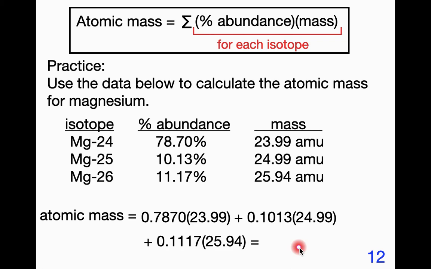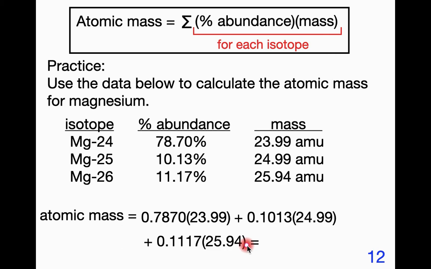Have your calculator out. Follow my lead. Type in 0.7870 times 23.99, just that, don't do anything else, plus 0.1013 times 24.99 plus 0.1117 times 25.94.